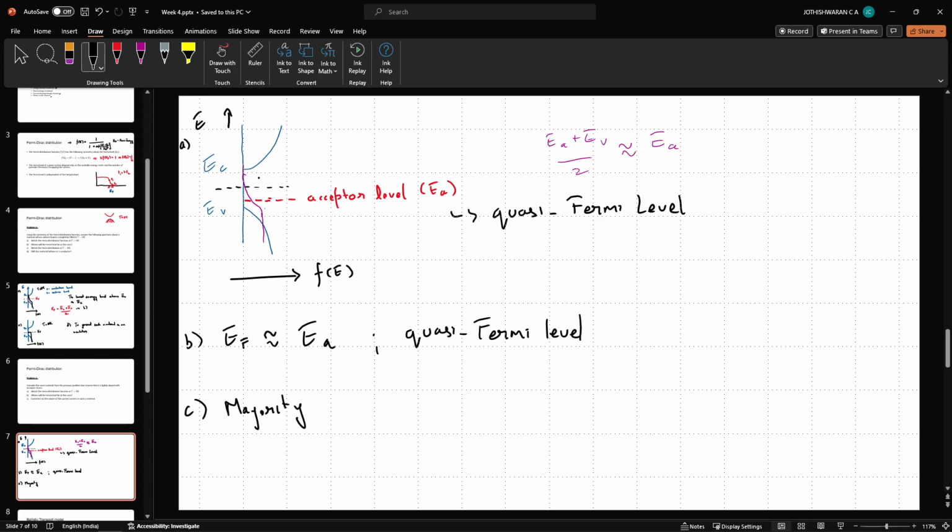So we cannot say that all the charge carriers are holes. Majority of the charge carriers are holes.